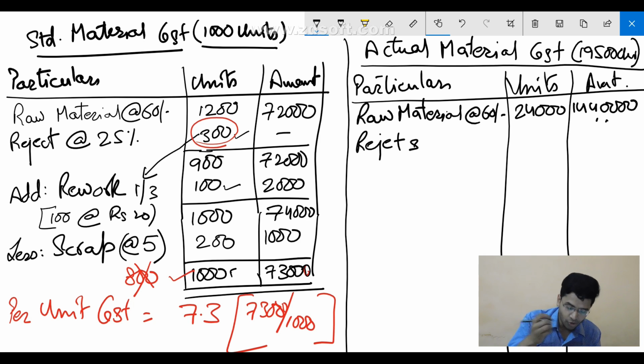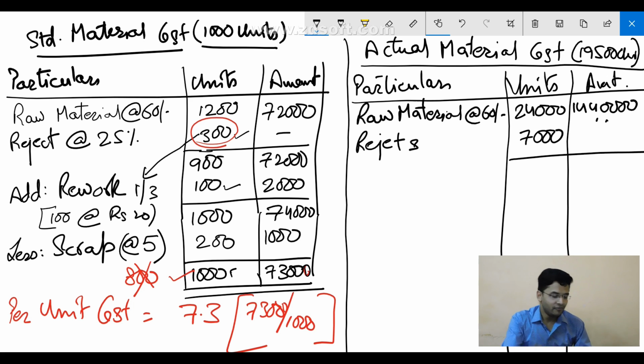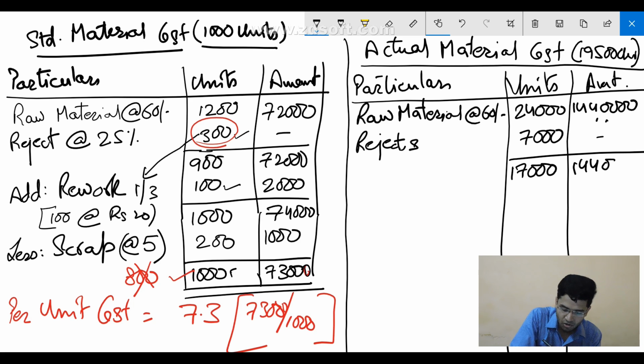However, actually it is not 25%, it is 7,000. So the question is telling us that we have deviated from the standard, and the actual rejects is 7,000 units. Okay, sir. So 17,000 remains with us at the cost of 14,40,000. This is the ratio which remains with us.